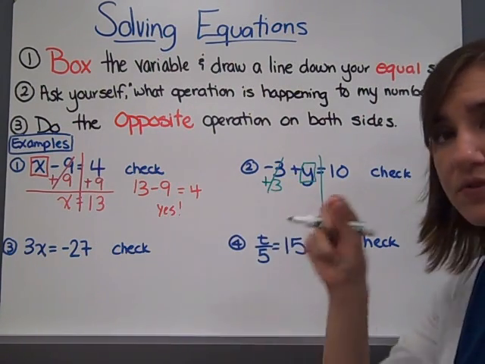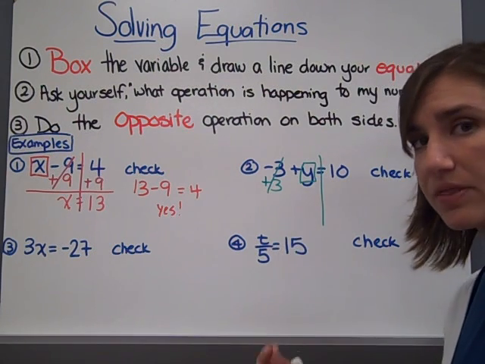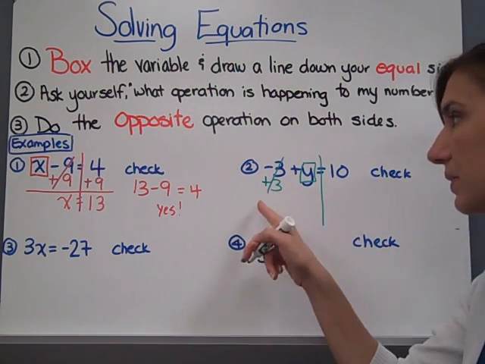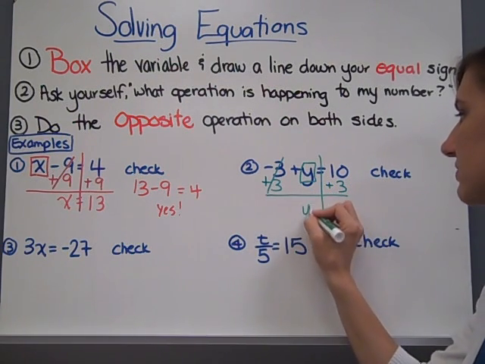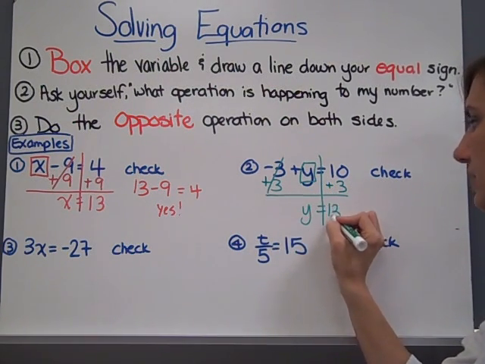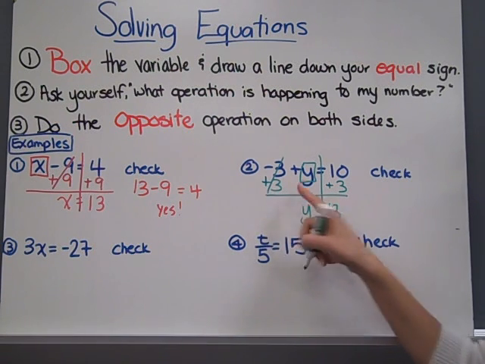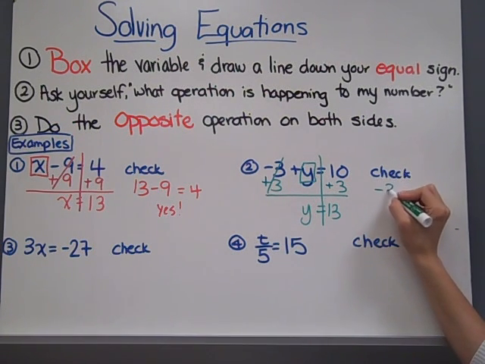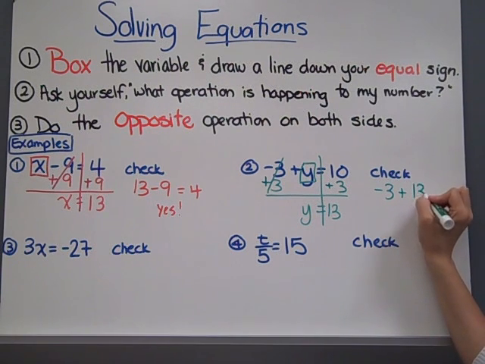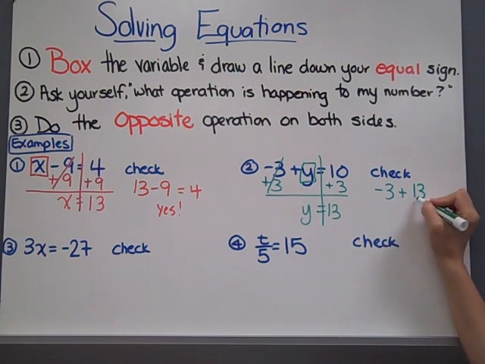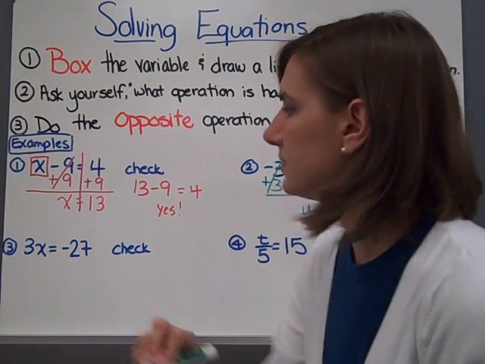And that cancels, because if you have negative 3 and you add 3 to it, you end up with 0, which is the whole idea of canceling out. What I do to one side, I have to do to the other, so I get y is equal to 13. Then I go back to my original equation and I check. So it's negative 3 plus y, which is 13. Negative 3 plus 13 is 10, which is what I wanted. And so that's my answer.